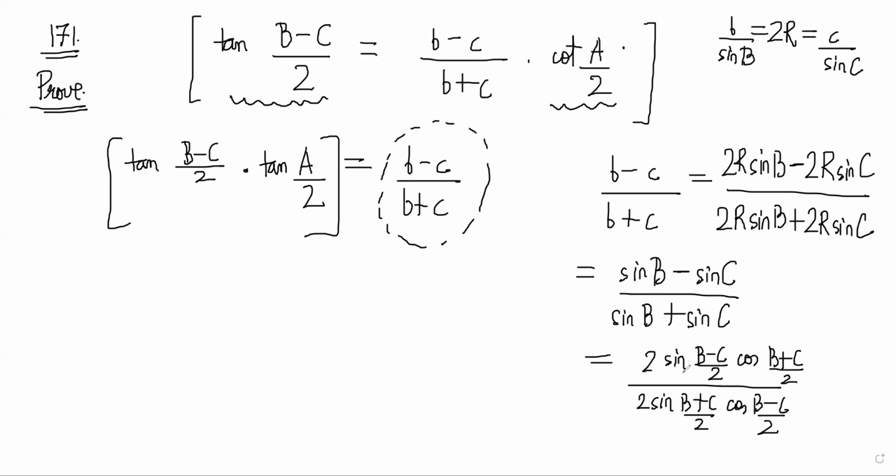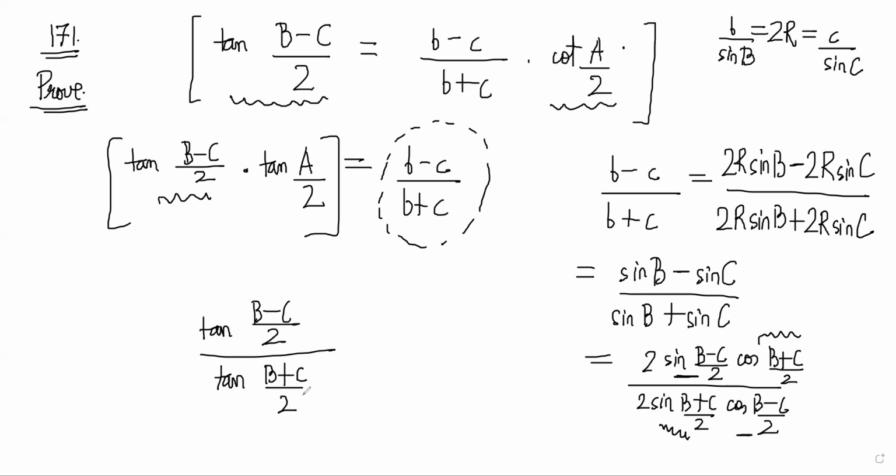This one and this one becomes tan (B minus C) by 2, and this one and this one becomes tan (B plus C) by 2. So you're getting tan (B minus C) by 2 by tan (B plus C) by 2, and (B plus C) by 2 is equal to tan of (90 minus A by 2). So that is simply cot A by 2. So the denominator is cot A by 2, so it will go in the numerator and become tan A by 2.